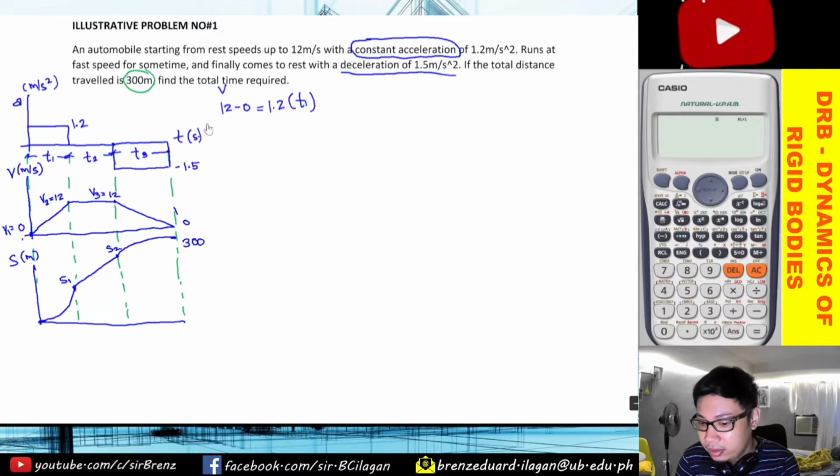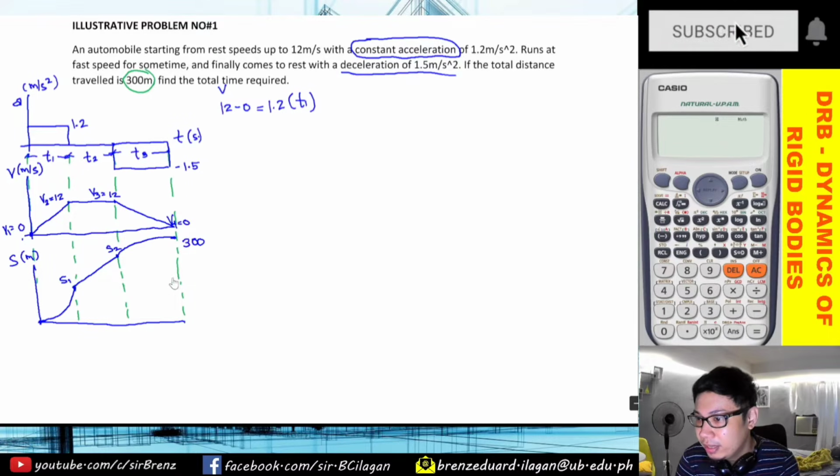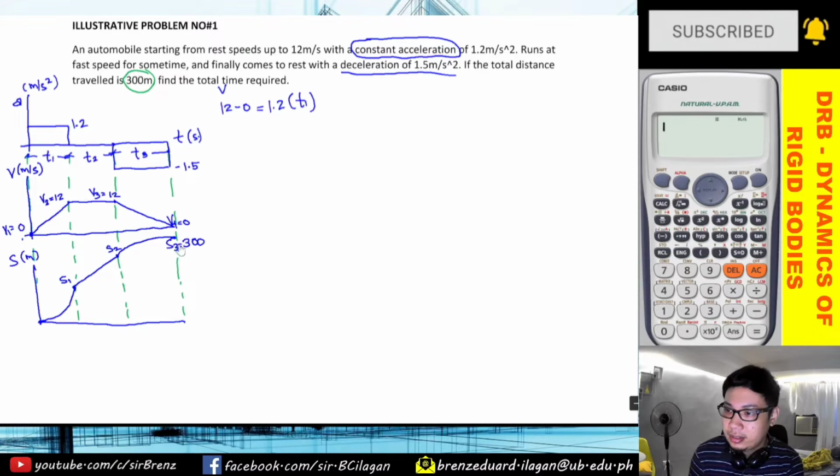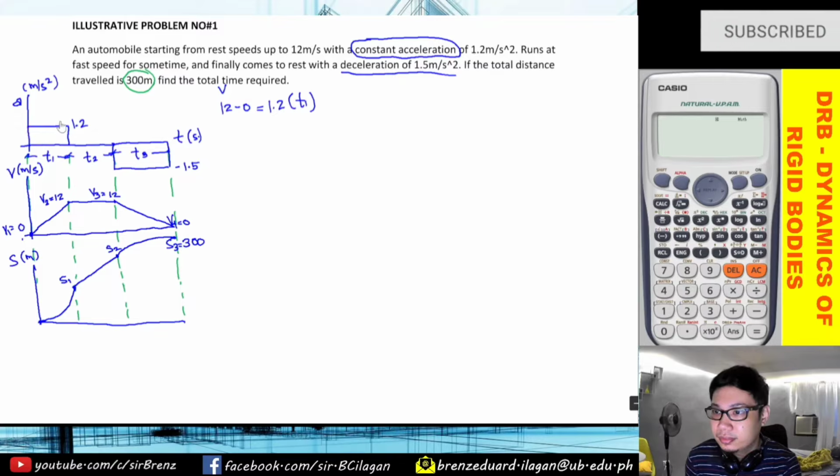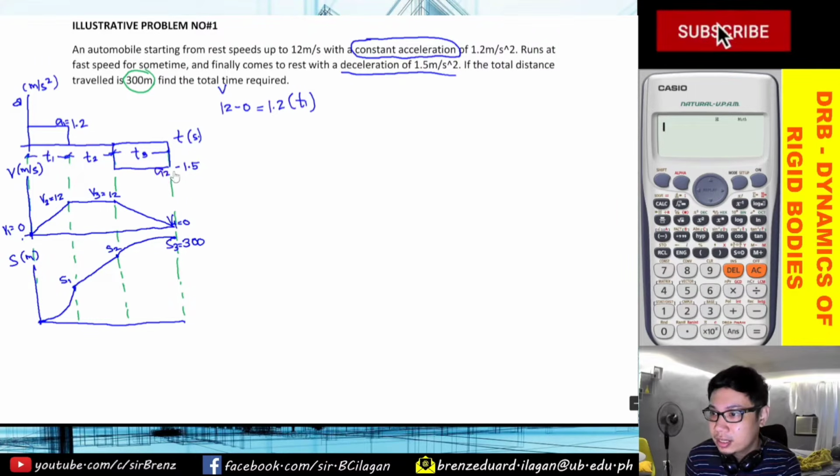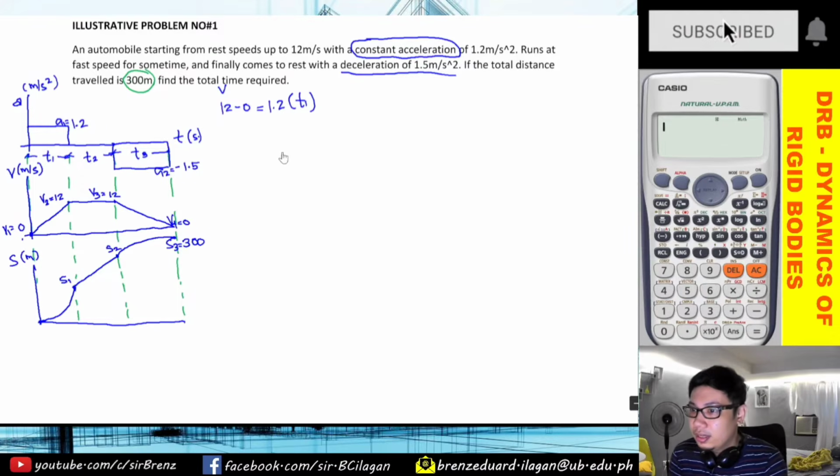Pakita ko lang yung solution na mahaba. Pero again, sabi ko nga, pwede naman tong titig method na, pero sa una, ipakita muna natin. Ito yung S3 natin. So, this is acceleration 1, and then ilalagay na lang natin ito as acceleration 2.